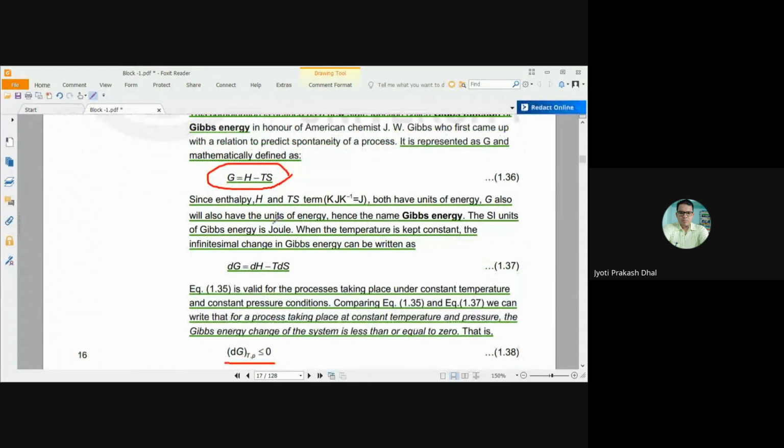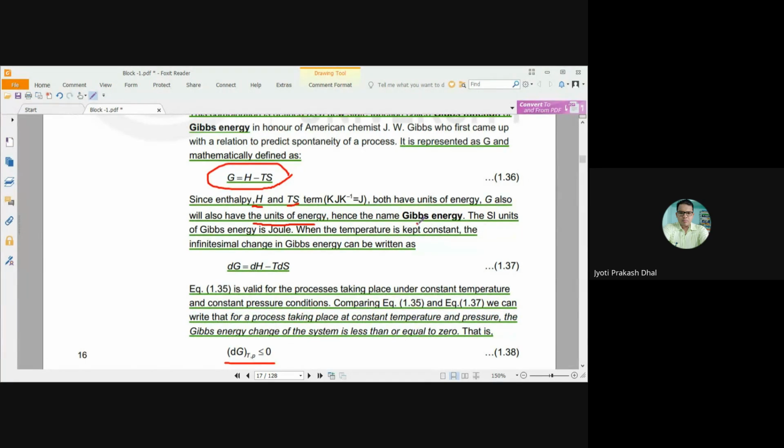The unit of enthalpy and the unit of the TS term are both the same, that is Joule. Exactly similar to the explanation we studied in the case of A, the Helmholtz energy, G also has the units of energy.